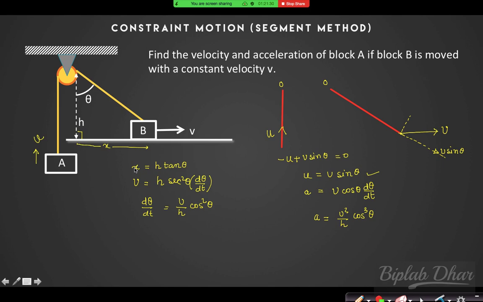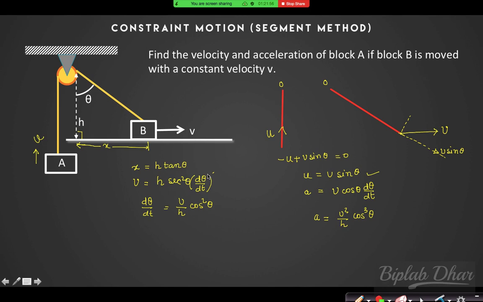If I differentiate it with respect to time, what is dx by dt? Is this v or not? Yes, v. And what is the tan theta differentiation? Is it sec square theta d theta by dt? So from there, can I get d theta by dt?